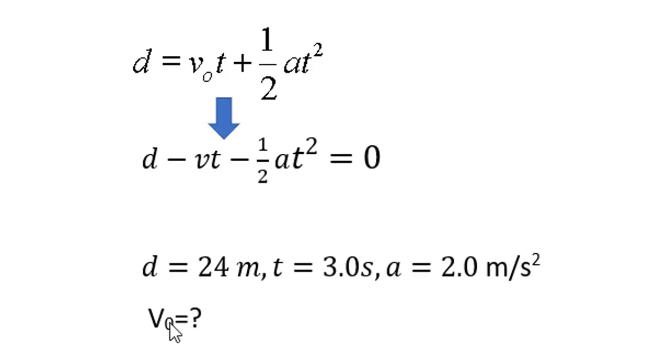Then we're looking for the initial velocity. If we want to use the equation solver, we change this formula into equal 0 form. So we put d minus vt minus 1/2 at squared equal to 0 into the equation solver.